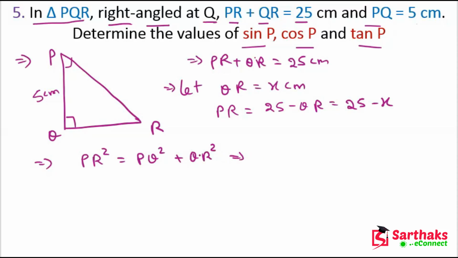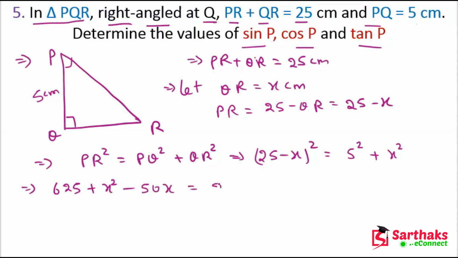PR is (25 minus x) whole square, PQ is 5 square, plus QR which is x square.